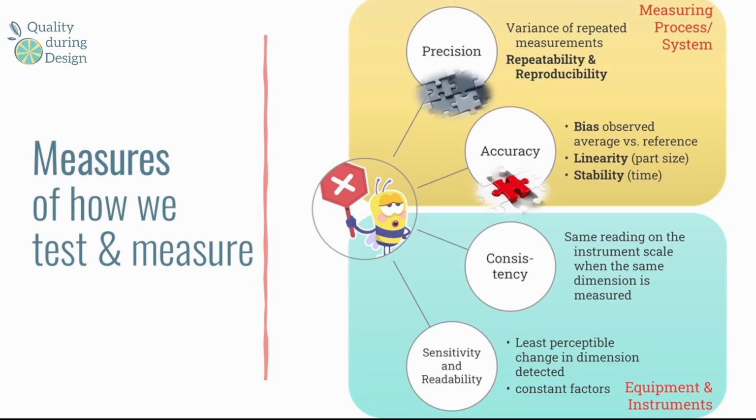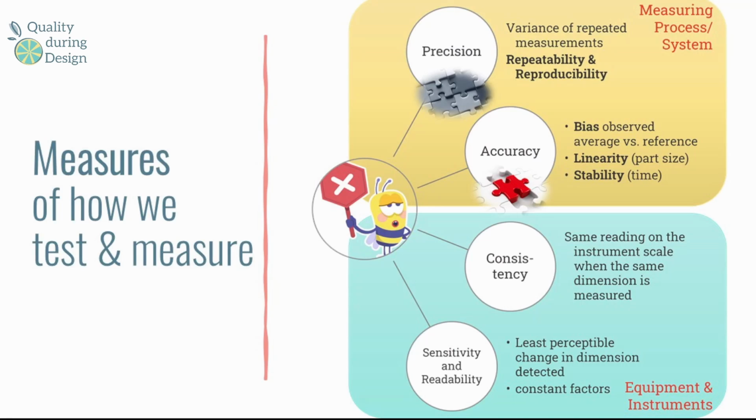When we're evaluating our measuring process for accuracy, we're looking at what we're observing, what we're measuring, versus a reference standard. Can we measure the parts accurately over a range of different part sizes? And is the measurement stable over time?